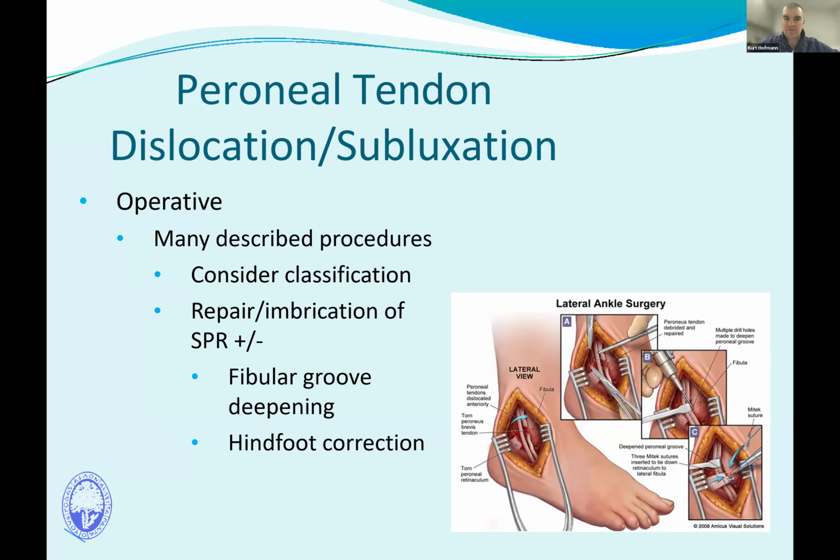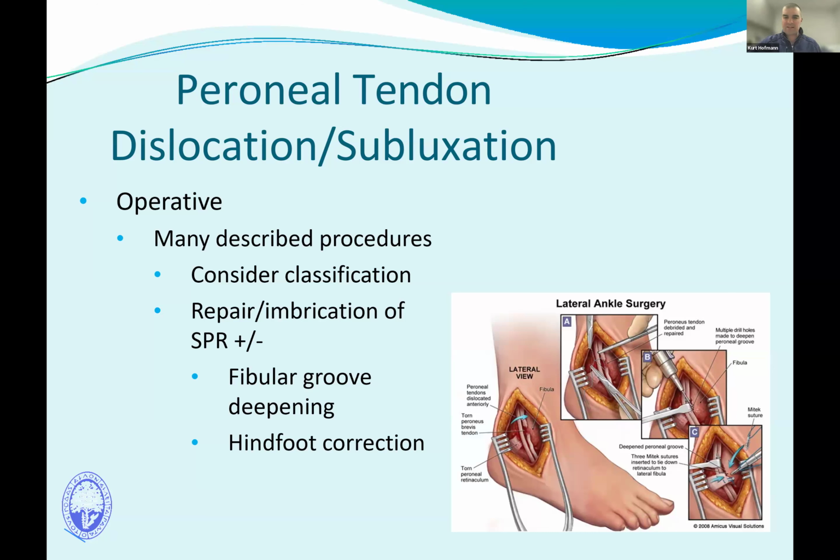Again, secondarily, if there's a hindfoot issue, then you want your platform to be as good as you can, not putting stress on that lateral aspect of the ankle. So you can also add in a hindfoot correction procedure as well. Sometimes we'll see acute fractures, so patients that have a calcaneus fracture, and we're going in to repair the calcaneus fracture itself. Their foot may have been fine before this, but because that fracture has happened, it's actually pushed the peroneal tendons out of that groove, and you can have an acute dislocation event from a calcaneus fracture as well.